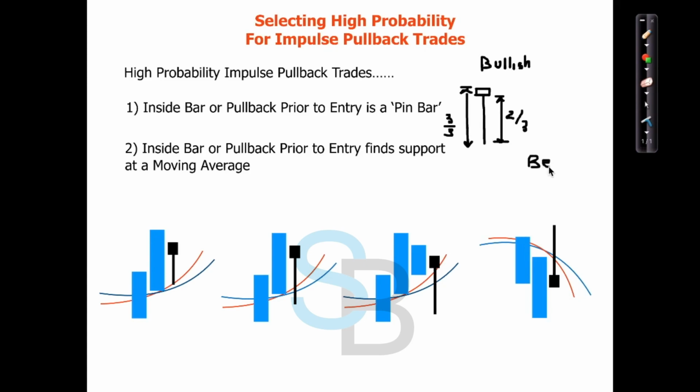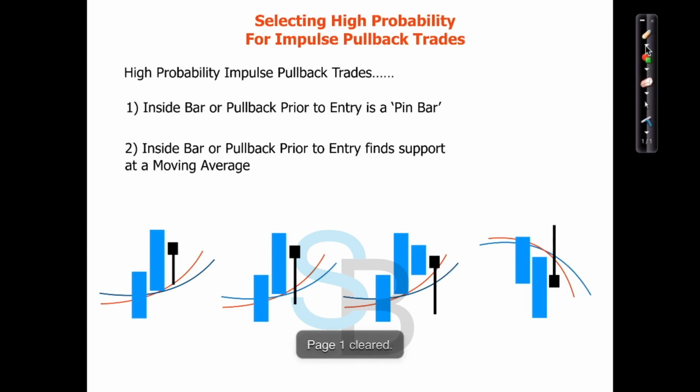For a bearish pin bar, it's the opposite. So a bearish pin bar is one with a small candle body and a long upper shadow. Similarly, the upper shadow should be 2/3 of the range of the candle, and the candle color doesn't matter.